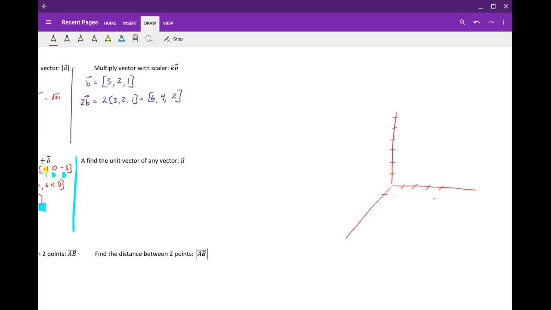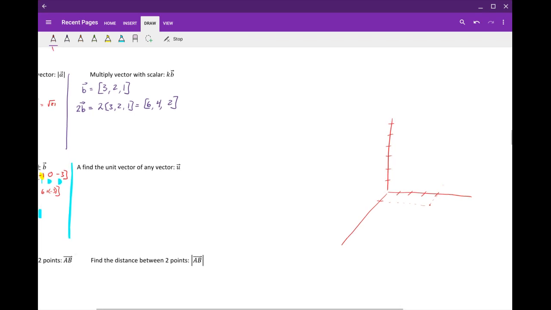Now basically I'm going up 6 to right around here. This is vector A.